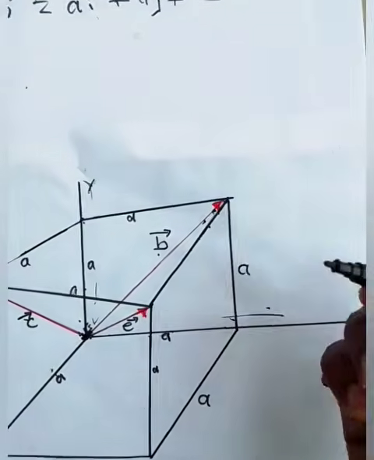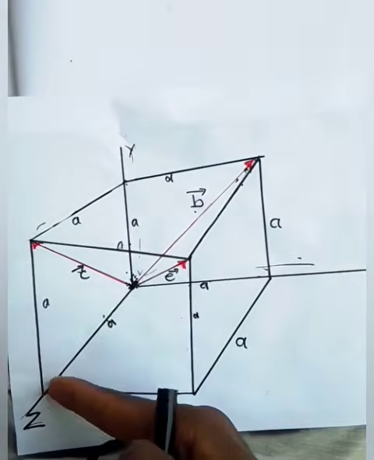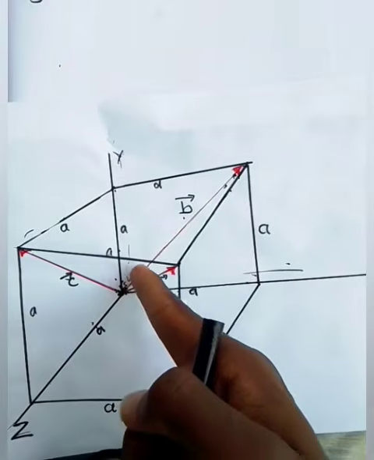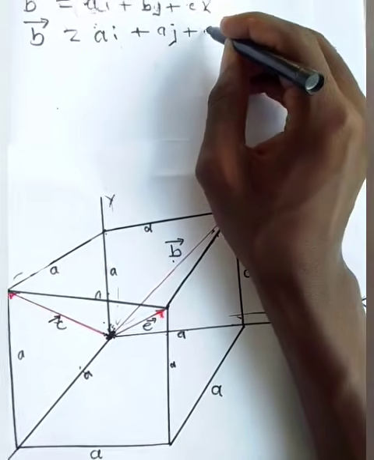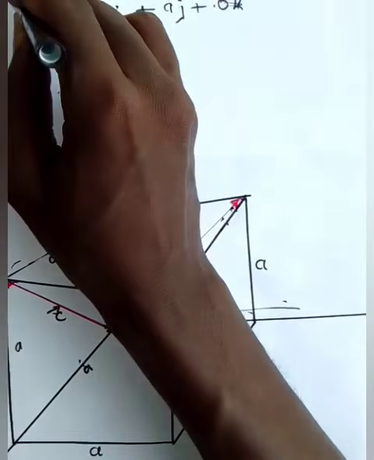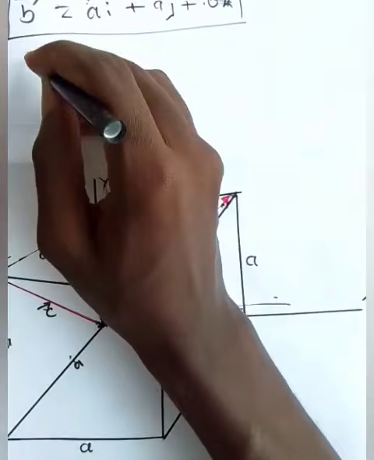Now we don't even have to go there because vector B has not passed in the z-axis. It does not utilize this axis in its movement. It has only moved along the y and x axes. So I'll just put 0k. Okay, so this is our vector B. Take note of it. Now let's find vector C.